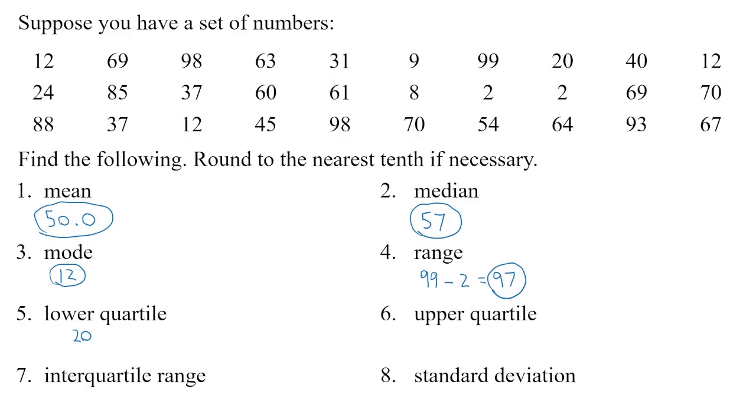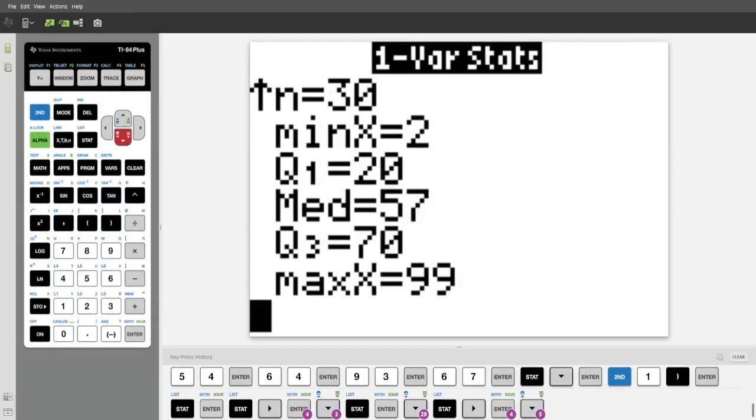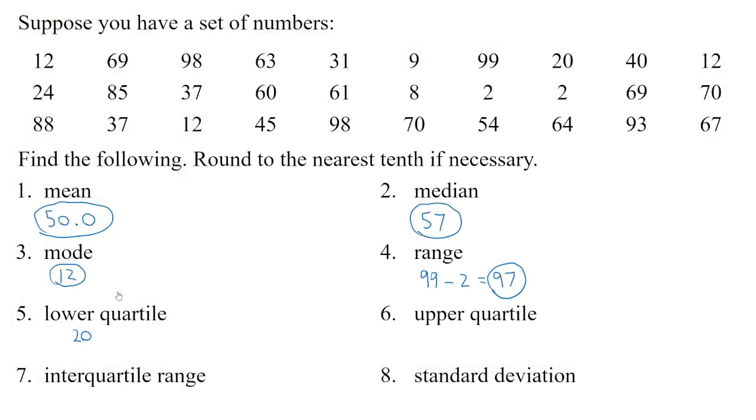Now, the upper quartile, that is the number in the 75th percentile of the list. And the upper quartile will be Q3, which is 70. Therefore, the solution is 70.